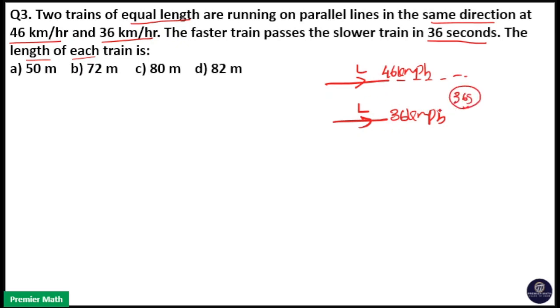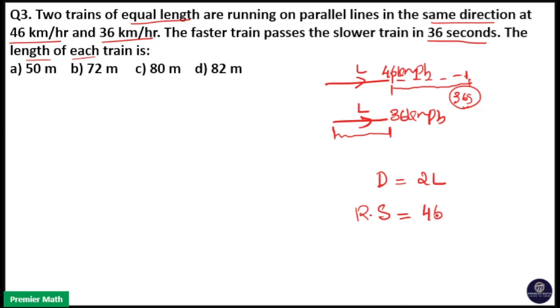That means distance covered in this 36 seconds is equal to length of the faster train plus length of the slower train. So this is the distance covered in 36 seconds. So here distance is equal to L plus L, 2L, and speed will be relative speed here because two bodies are moving in same direction.